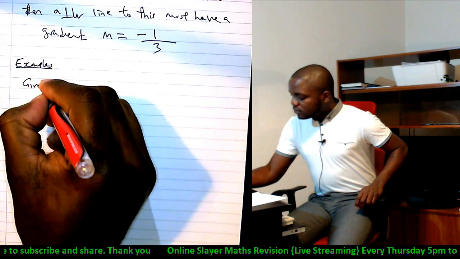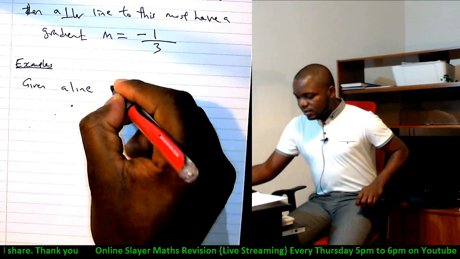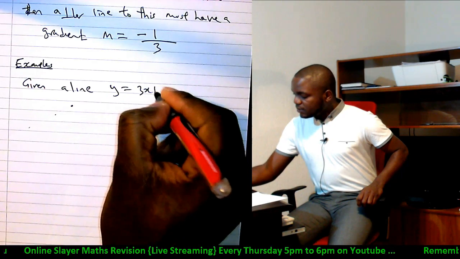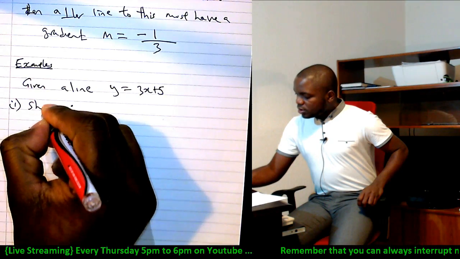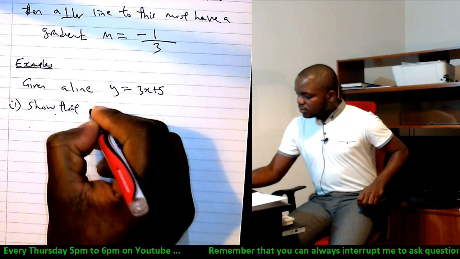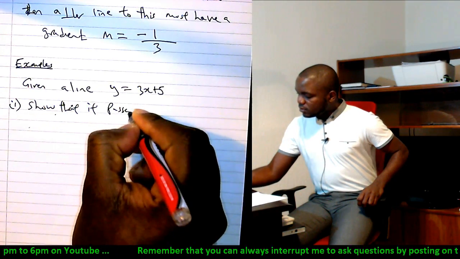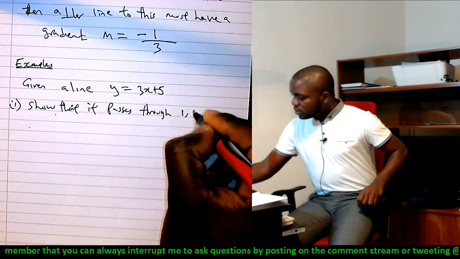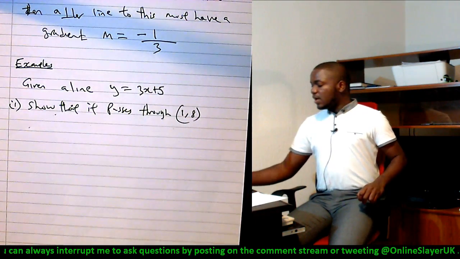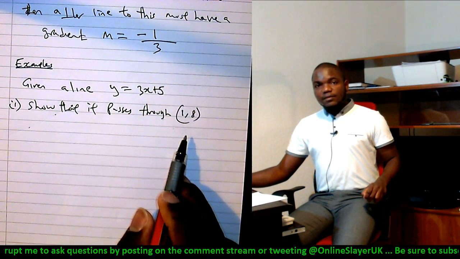Given a line y equals 3x plus 5, show that it passes through the point (1, 8). Now, this is what we call a coordinate of a point.